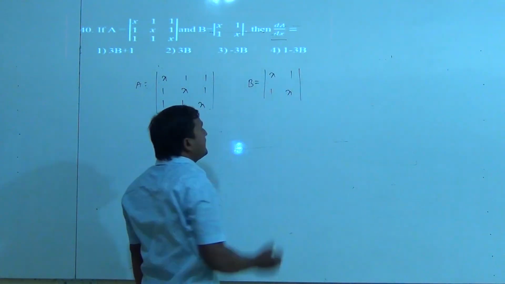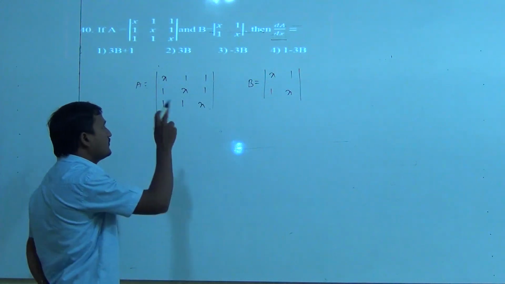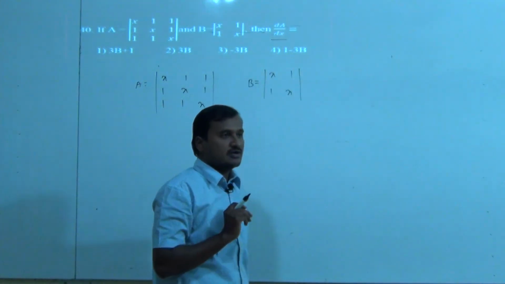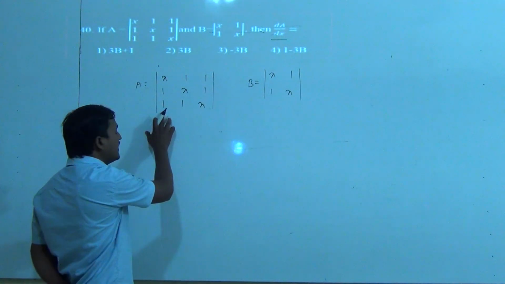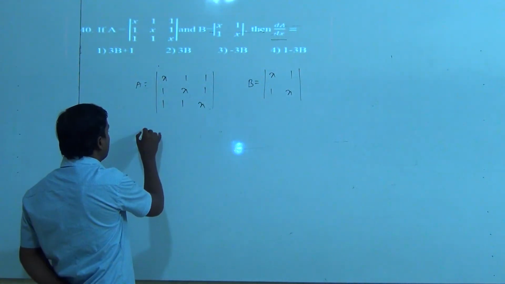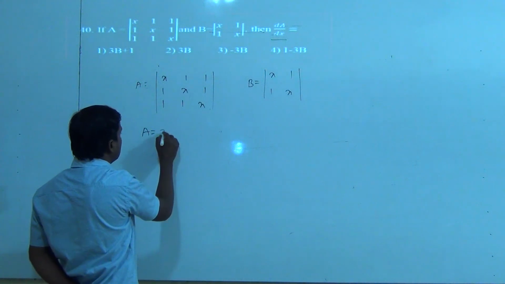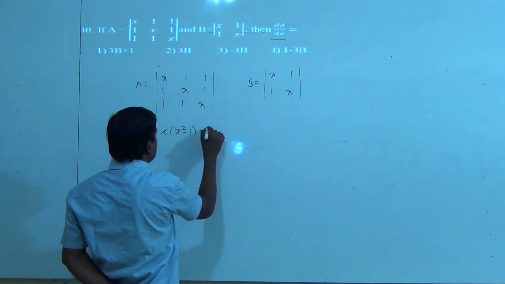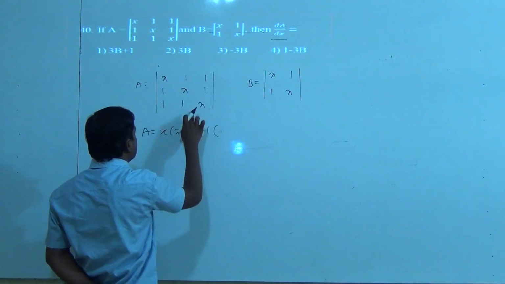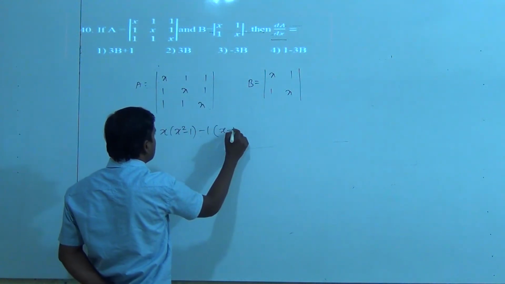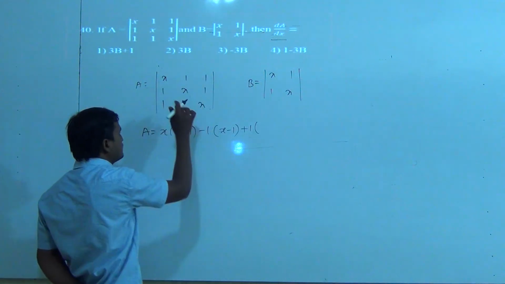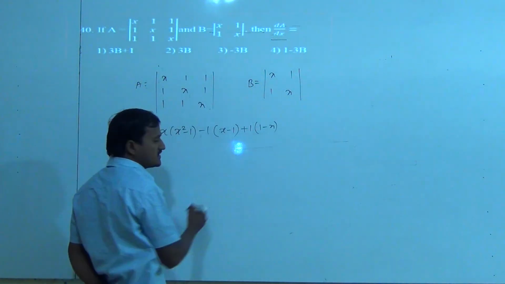Then dA by dx. To find dA by dx, differentiation of A with respect to x, first I should find A. So A is equal to, expand this one, x into x square minus 1, minus 1 into, you leave the first row and second column, x minus 1, plus 1 into, you leave the first row and third column, so clearly it is 1 minus x.